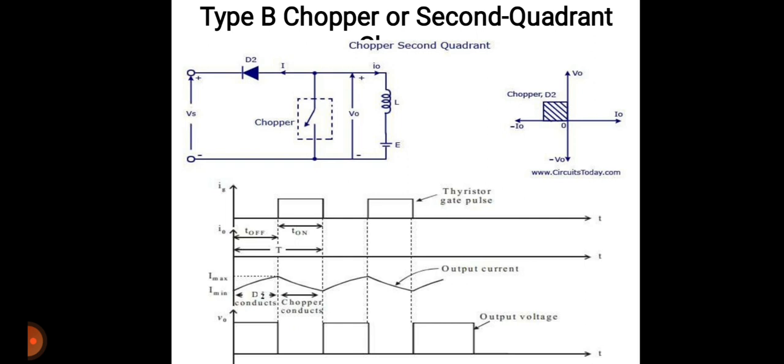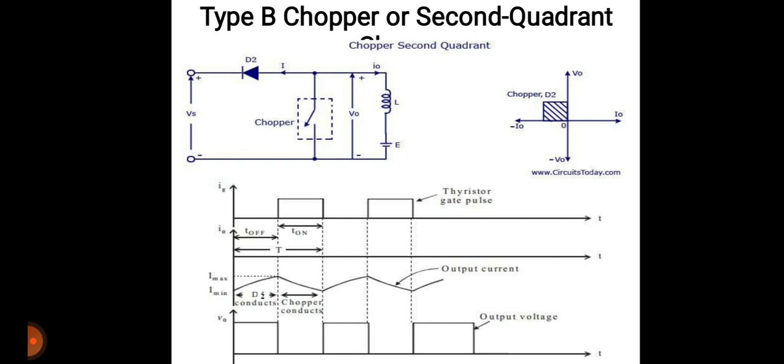Chopper CH2 may be on or off. Current I0 flows out of the load. Current I0 is therefore treated as negative, since V0 is always positive and I0 is negative. Power flow is always from load to source.